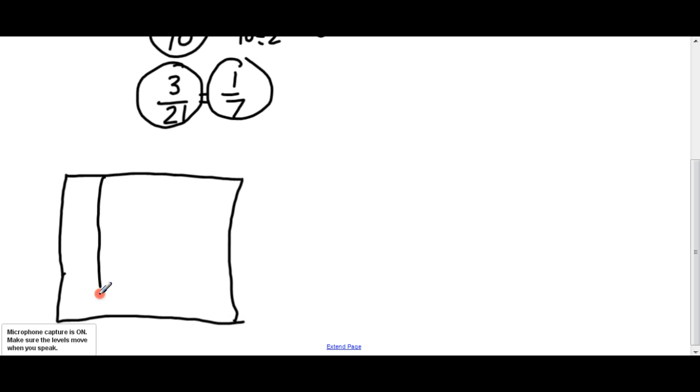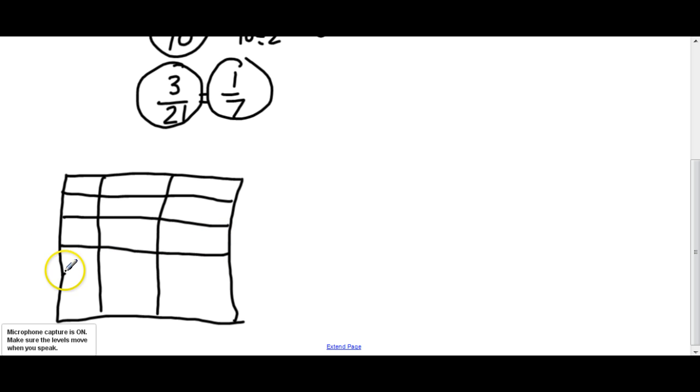I'm going to divide it into 3 columns, and maybe we'll just do 4 or 5 examples here. We'll call this column the fractions column, we'll call this column the decimal column, and we'll call this one the percent column.